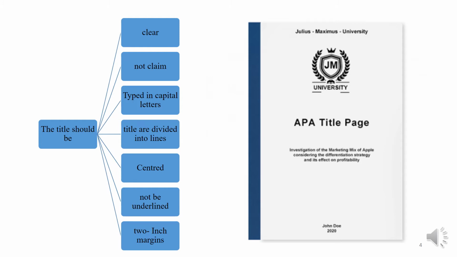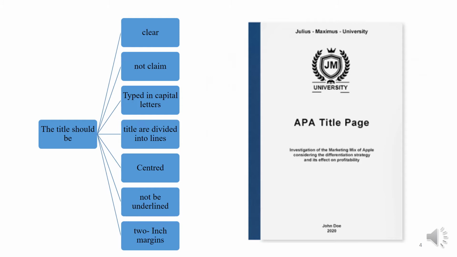Number 2, the title should not claim more for the study than it actually delivers. That means you have to write an objective title. Don't show any hint of results. Okay, you have to write it just in a clear statement, and that's it.